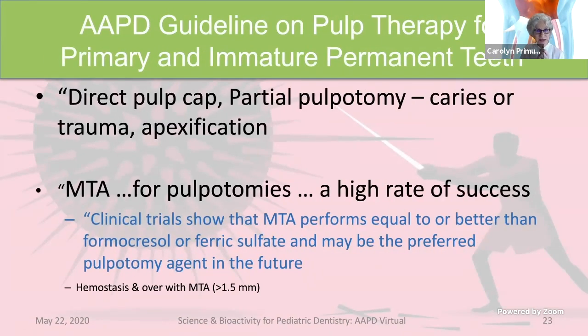And in fact, the AAPD guidelines on pulp therapy do mention for direct pulp capping and partial pulpotomy, caries or trauma and apexification, the use of MTA with a high rate of success for pulpotomies. And it seems to perform as well or better than the most popular medicaments that are out there, and could be the material of the future, which I certainly believe.